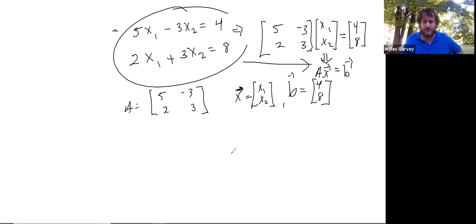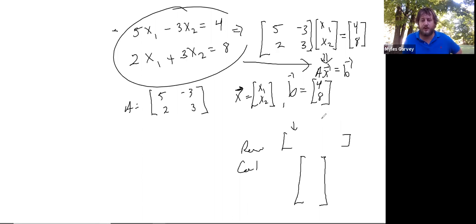A vector can be either a row or a column. And all it is, is just a collection of numbers, which we surround in brackets. In the vectors, each number is put into a specific location in the vector. All right, same idea here. There's a specific location in the vector.